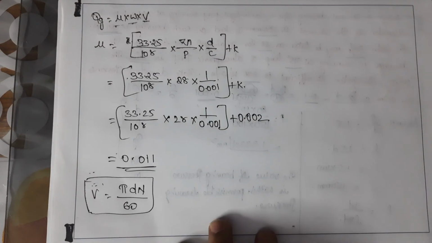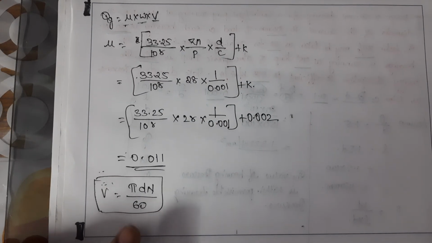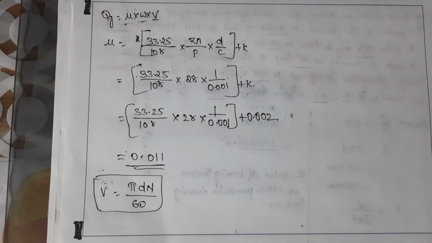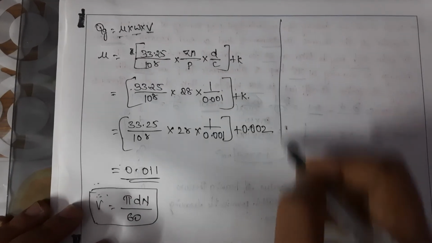So I think it is not there in that data book. Just remember the value of V. The V is nothing but rubbing velocity, or the velocity between the adjacent layers of oil, the lubricating oil. Okay, just substitute the values.